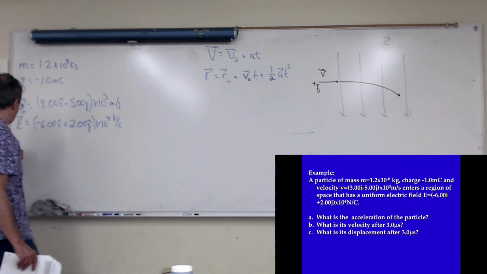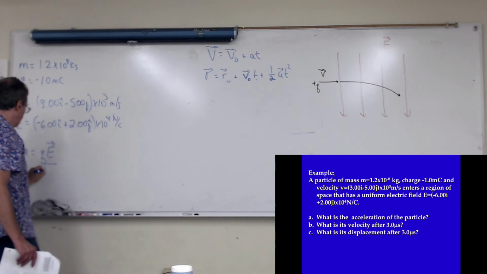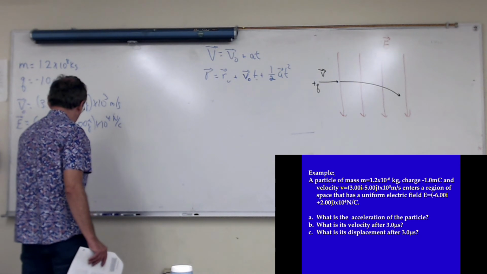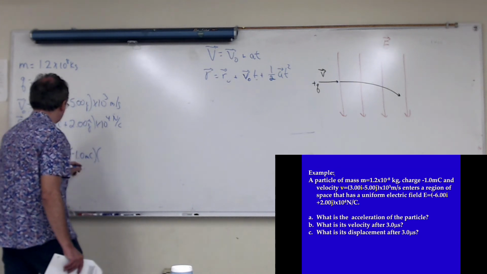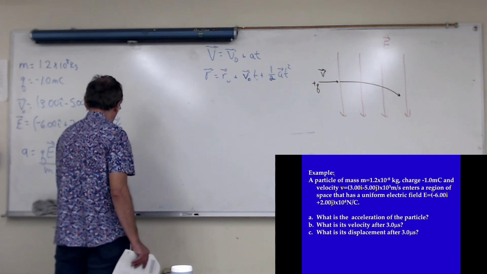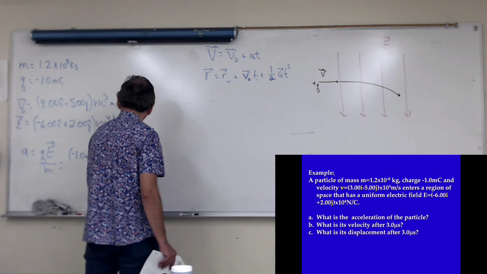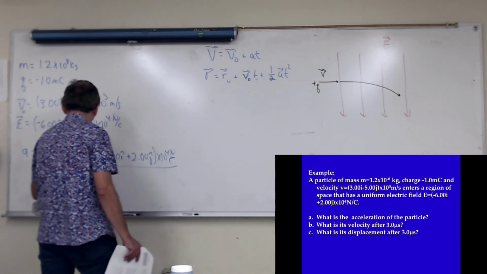Well, A is QE over M. So it's going to be 1 millicoulomb times the electric field divided by the mass.